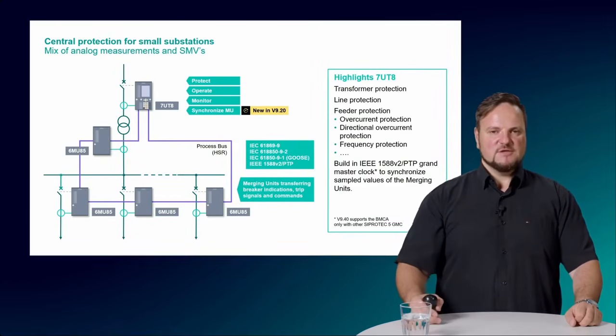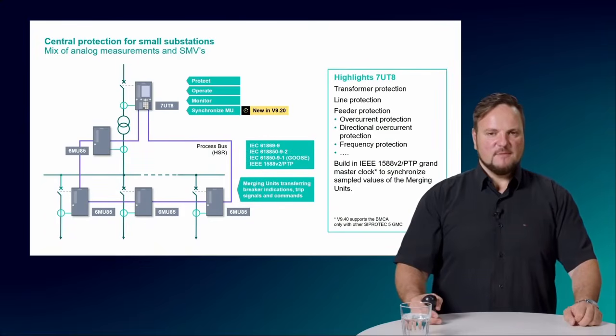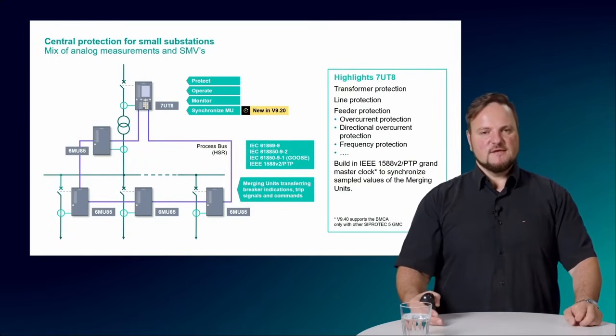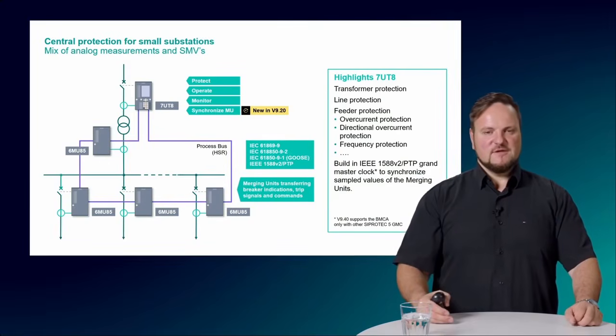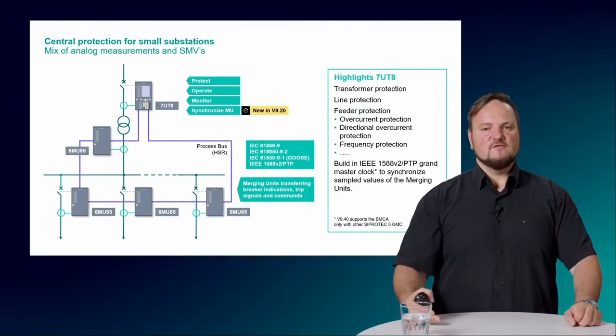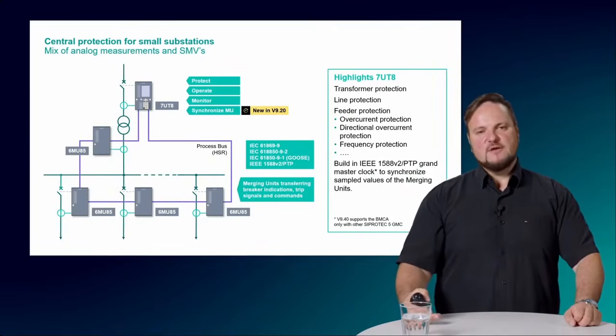One additional functionality is that we have the master clock implemented in the device. That means we can synchronize all the merging units in the ring via the 7UT, so there is no need for an external clock.